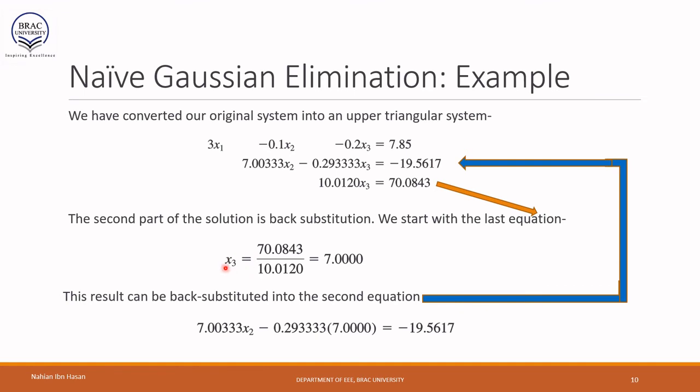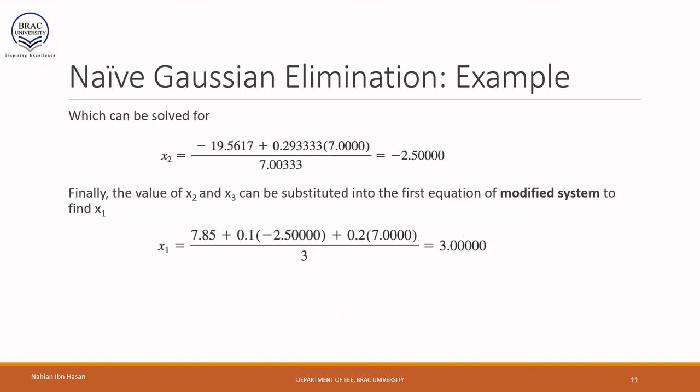So from the third equation we have determined x3. We are going to substitute this x3 into the second equation, and then after algebraic manipulation we will get the value of x2. So this is the calculation. We have just substituted the value of x3 into the second equation, and then we multiply this and get the result of x2, which is something like minus 2.5. So once we get the values of x3 and x2, we are going to use these two values in the first equation to get the value of x1.